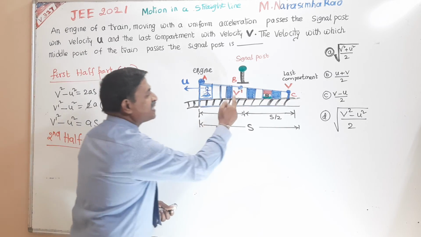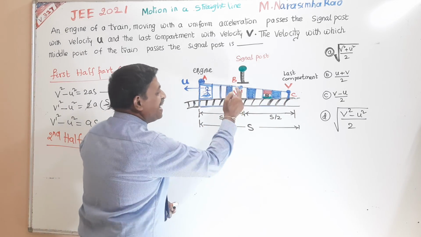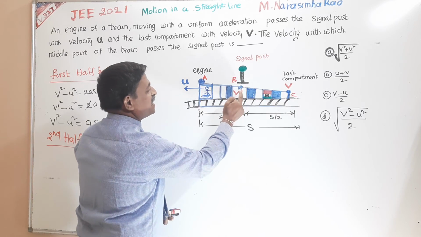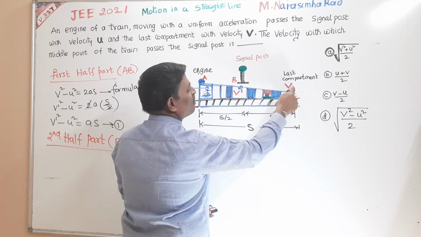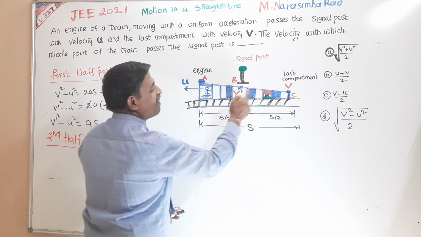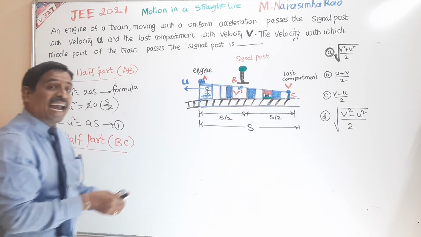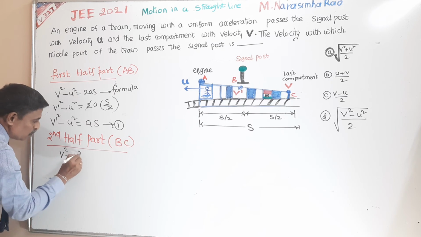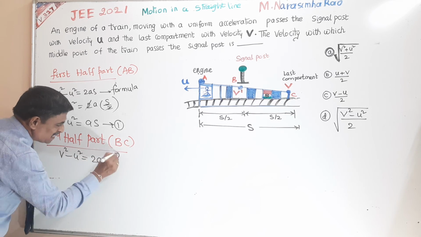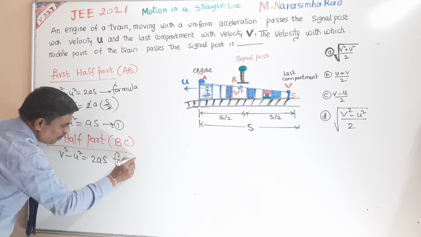For the second half of the train, this is the initial velocity with which it is crossing the signal post, and this is the final velocity, the velocity of the last compartment. Again, I am applying the formula: V square minus u square is equal to 2as.